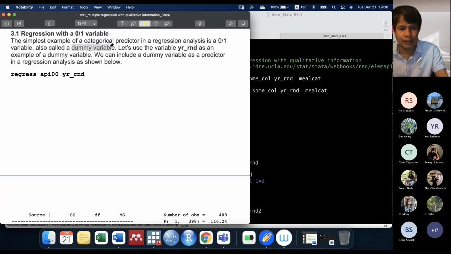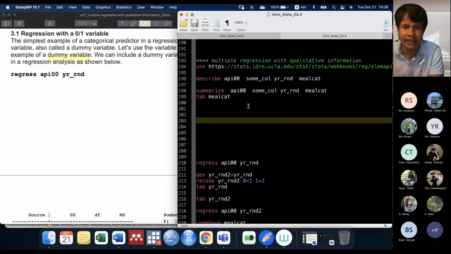So let's use the variable year round as an example of a dummy variable, because you can see that year round is a dummy variable. We can include a dummy variable as a predictor in regression analysis as shown below.